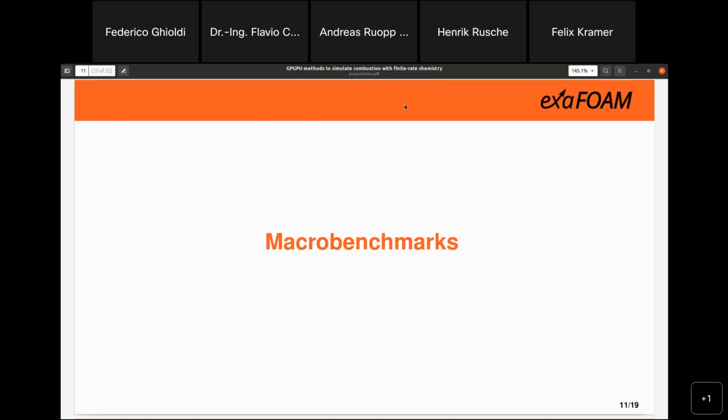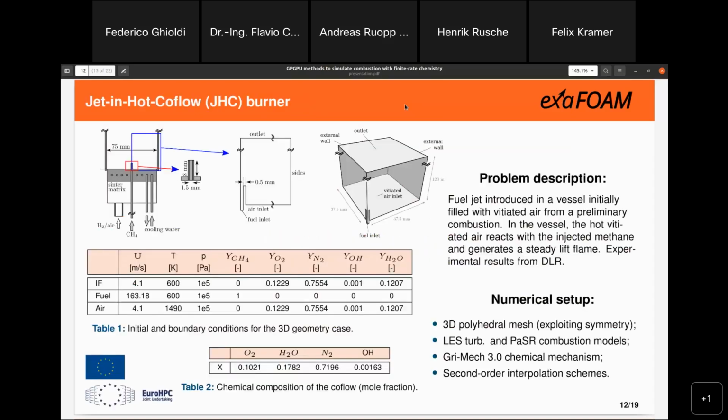So again, the tests that we are currently investigating right now, and I will not stay too much on this, are the jet in hot co-flow JHC burner, whose geometry is provided by DLR, and this benchmark is already published, so it's available for you to be seen.